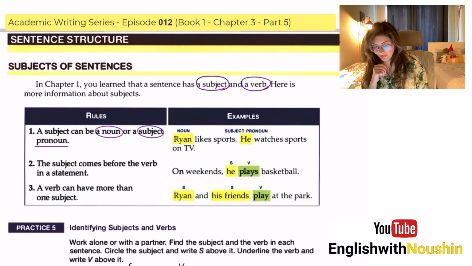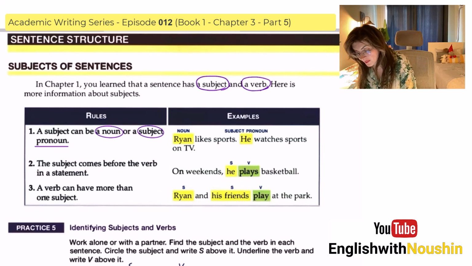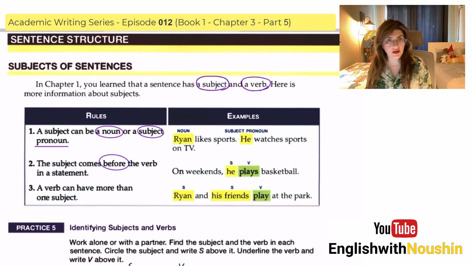For example, Ryan likes sports. Ryan is my noun. And he watches sports on TV is my pronoun that refers to Ryan. Number 2, the subject comes before the verb. So, on weekends, he is my subject and plays is my verb.